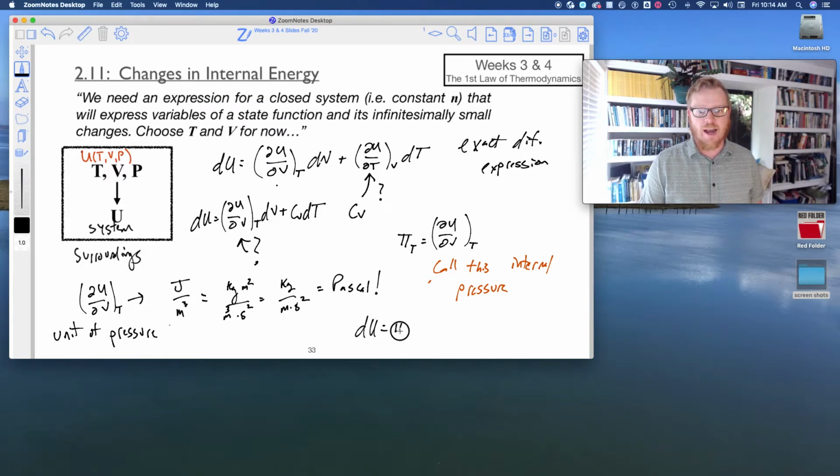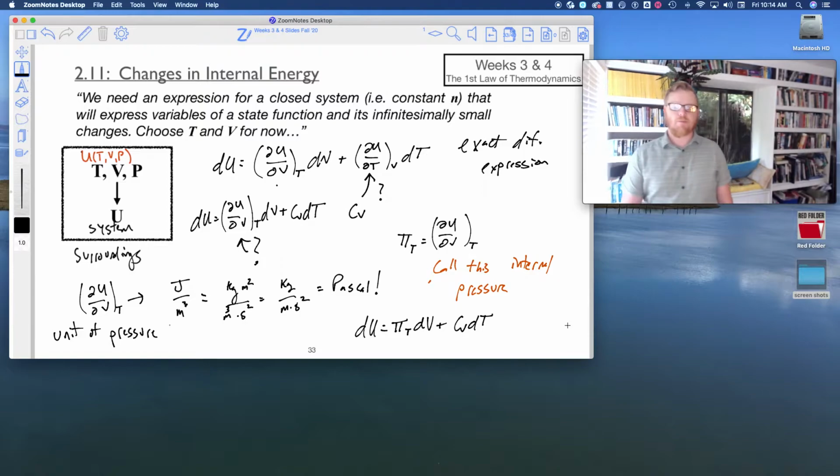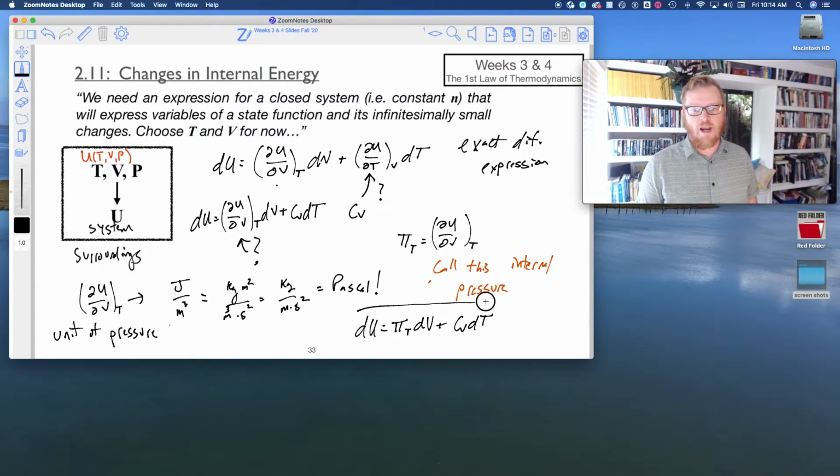So I can say now that dU is pi_T dV plus C_V dT. And that's a much nicer equation to look at than all of those nasty derivatives.